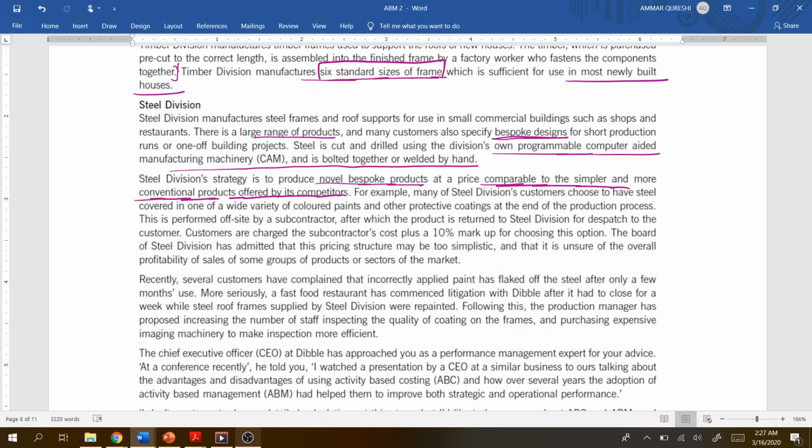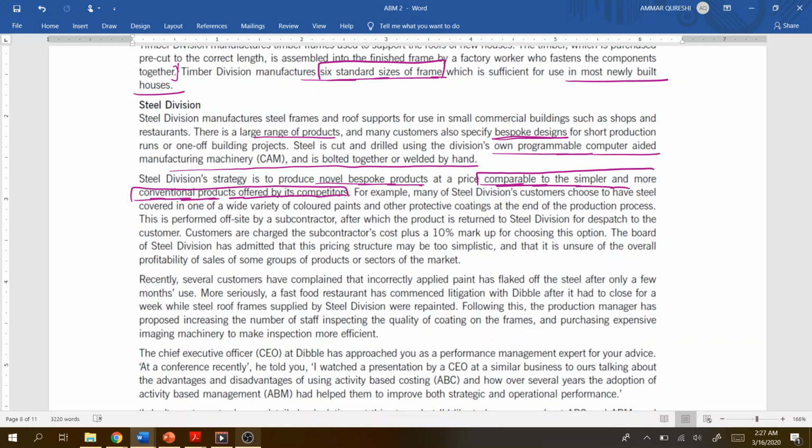Now, try to think what's the problem. You may pause this video. All right. The problem is that the company is manufacturing a unique product, a bespoke product, but the price it is charging is comparable to simpler and more conventional products offered by its competitors, right?